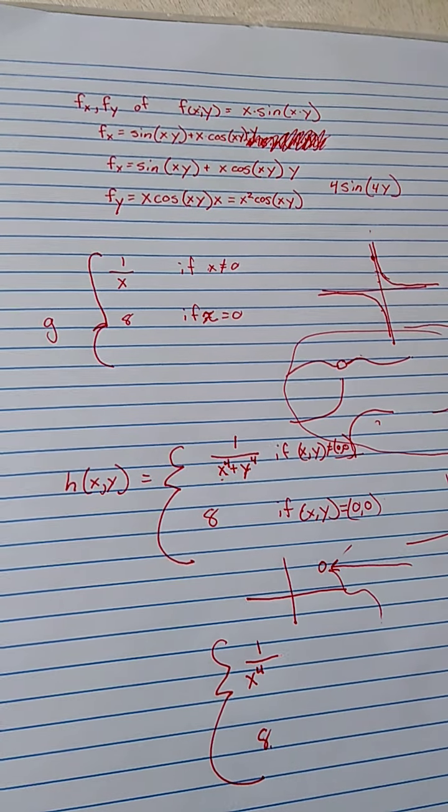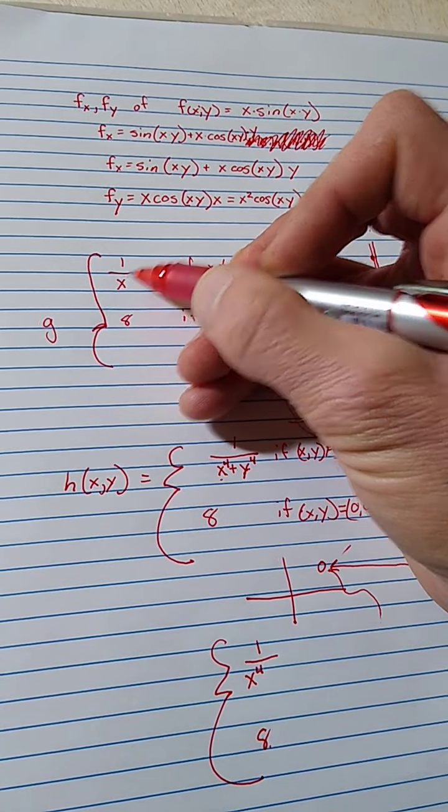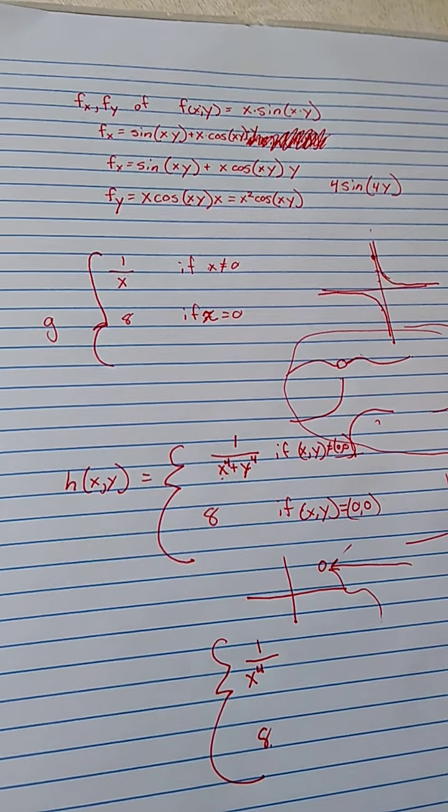And that shows off the same discontinuity we would have up above. This is x to the 4th, still blows up at 0.